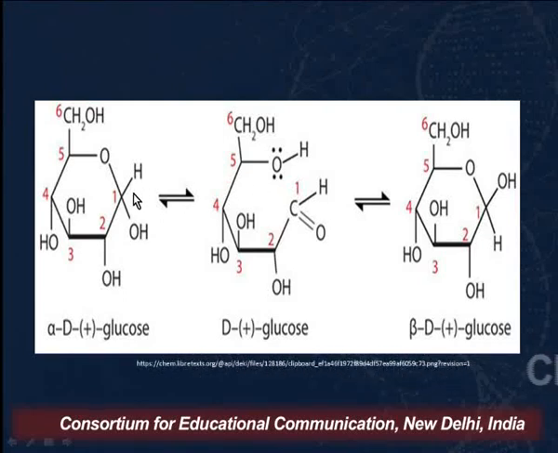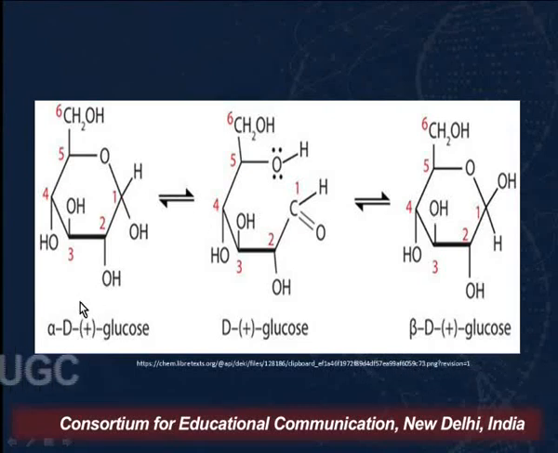Now at this stereogenic center, which we also call the anomeric carbon, because we know that stereoisomers which differ in configuration at one carbon are known as epimers, and because this epimer results from the cyclization of this molecule, we give it a special name, that is anomers. Now these two are anomers, and what is the difference between these two?